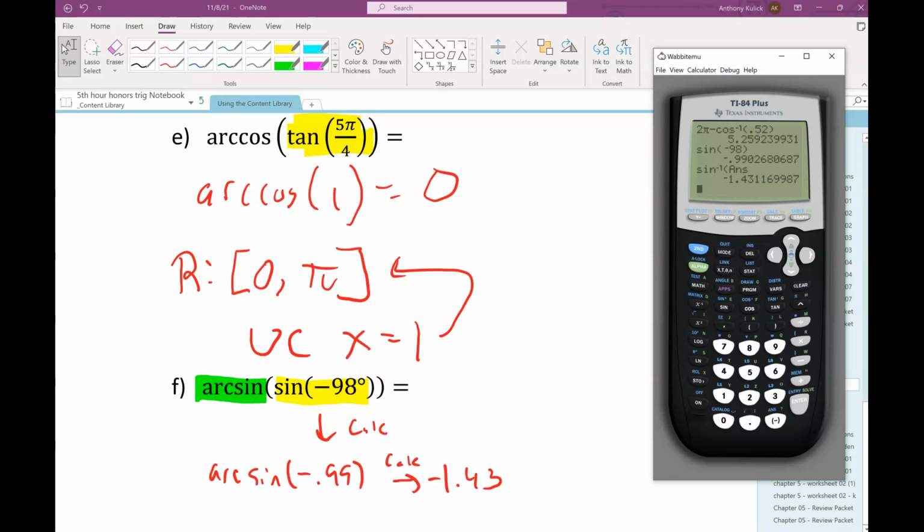So the only thing I had to be careful about there was just the modes, right? I had to be in degree mode to do the sine of negative 98. I had to change my calculator back to radian mode to do the sine inverse of that value.